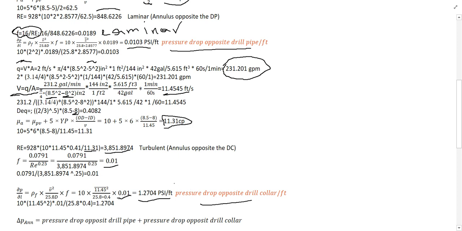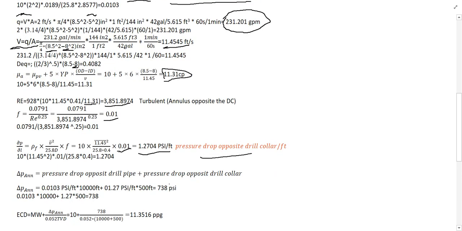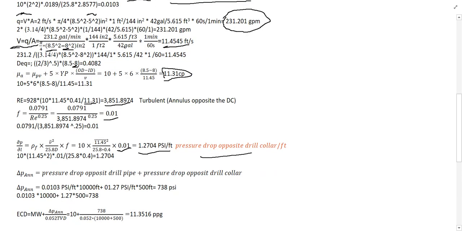Now we can find the absolute pressure drop. For the drill pipe, we found 0.010 psi per foot multiplied by the length of the drill pipe, which is 10,000 feet. For the drill collar, it was 1.27 psi per foot multiplied by the length of the drill collar, which is 500.